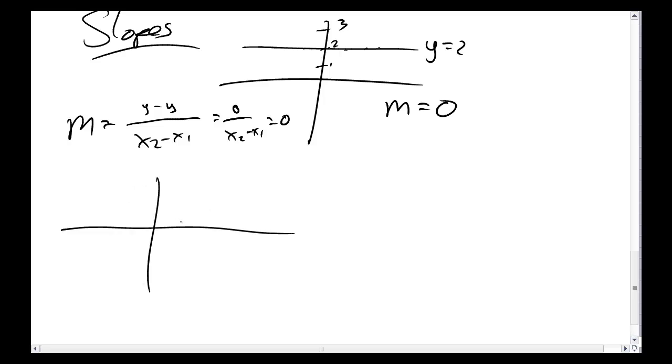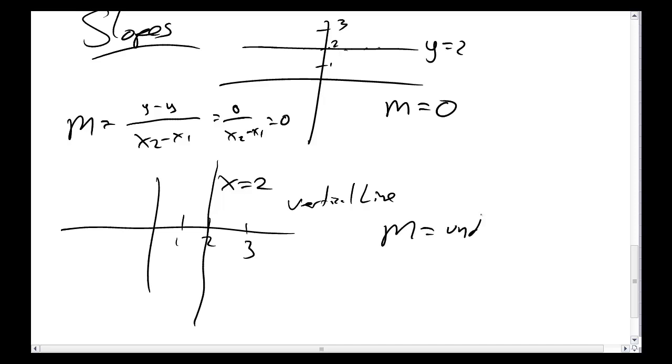On the other hand, I might have something like this. This would be the line x equals 2. This is a vertical line. This slope is going to be undefined. Again, we can see why kind of easily.